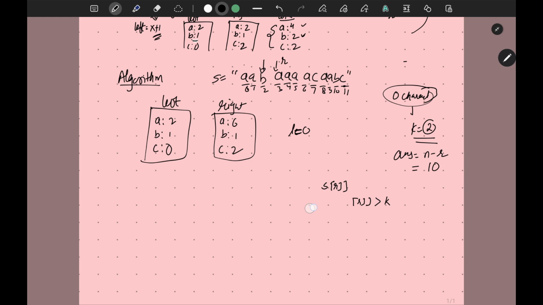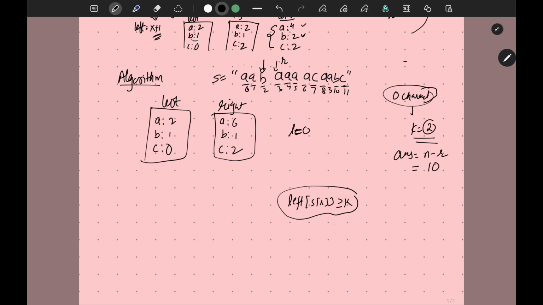Now in this configuration, if we look, our R is A, so this condition is true. Our left of SR is already greater than or equal to K. That means we need to take 0 characters.